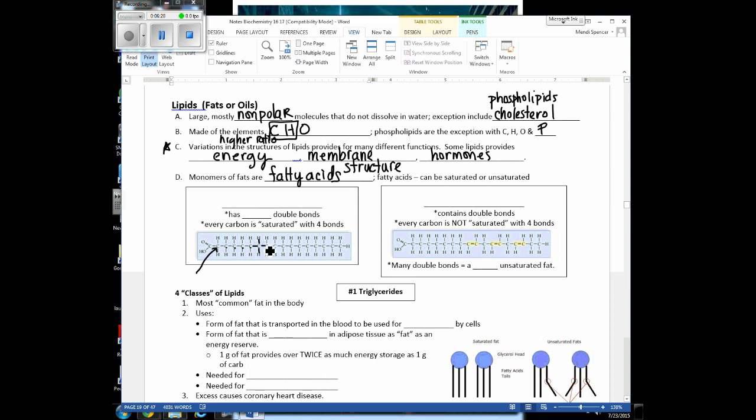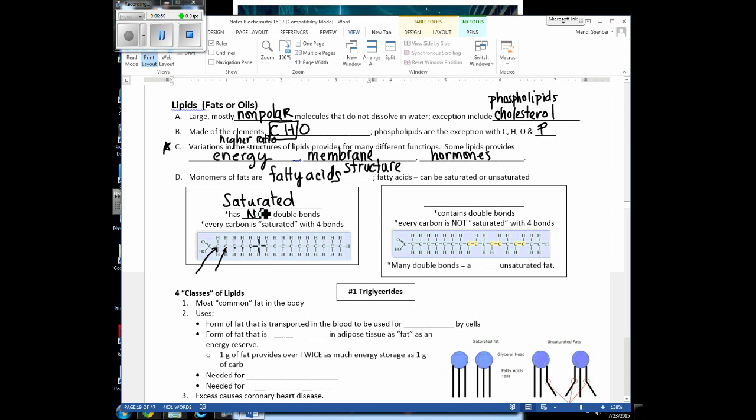And so we say that it's saturated. This carbon atom cannot bond with any other atoms. The maximum that it can bond with is 4, and it has bonded with 4 others. This is what a saturated fatty acid chain looks like, and you can see there are no double bonds.